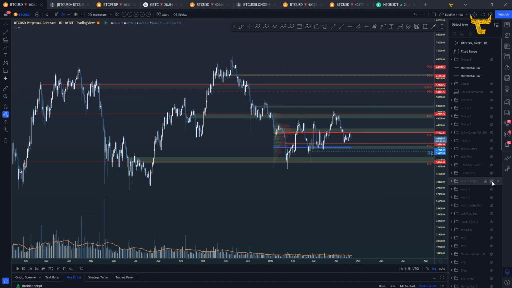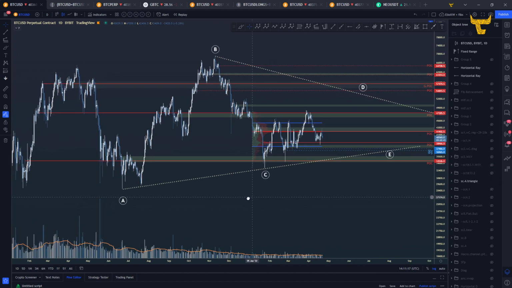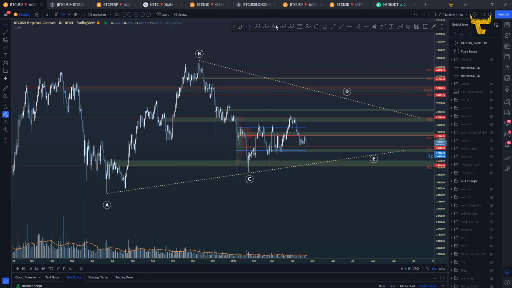Okay, scenario 4, really a good candidate as well. Looking for a triangle, so it means that the macro wave 4 is not finished, but the low would be here.